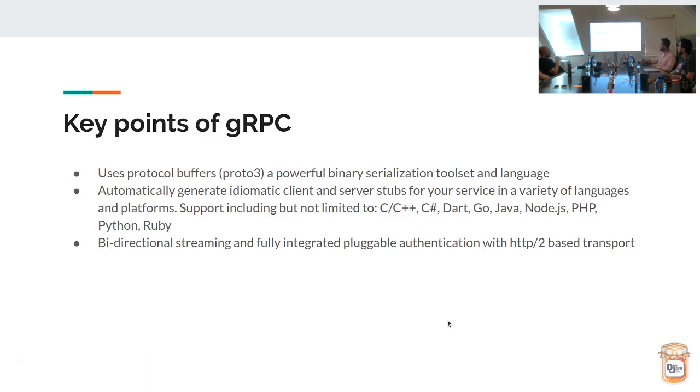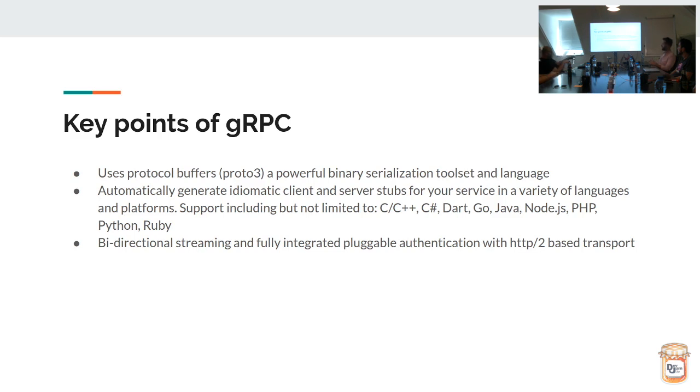So if you go over the key points of gRPC, it basically uses protobuffers, which is a powerful binary serialization toolset and a language. You basically create your payload messages with protobuf, and as well you type your services using the proto syntax.